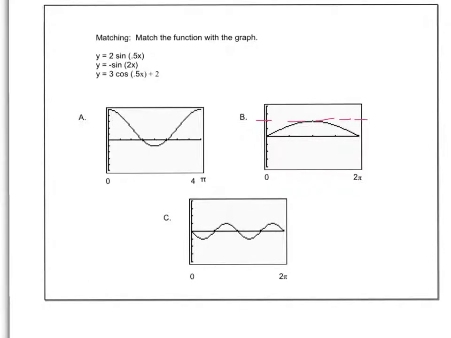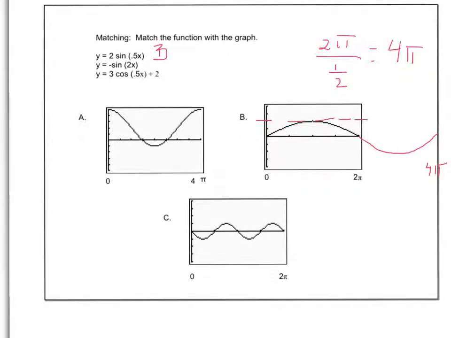And then my period would be 2 pi divided by that 0.5 or a half, which ends up being 4 pi. So as you can see, from 0 to 2 pi, we only have half of the curve. I would need another 2 pi to get the bottom of the curve. So the first equation is B.